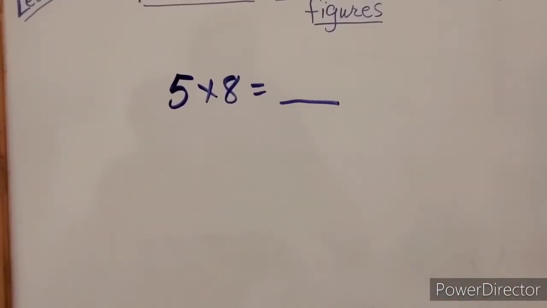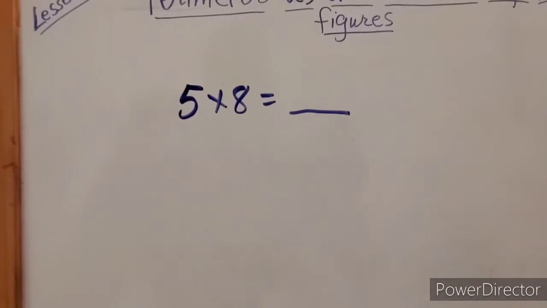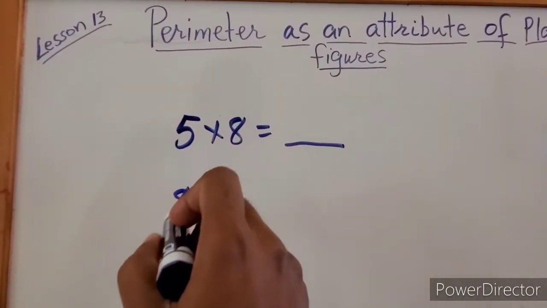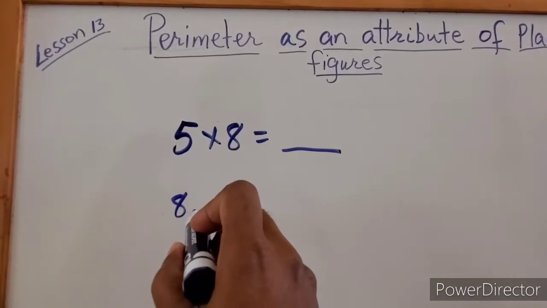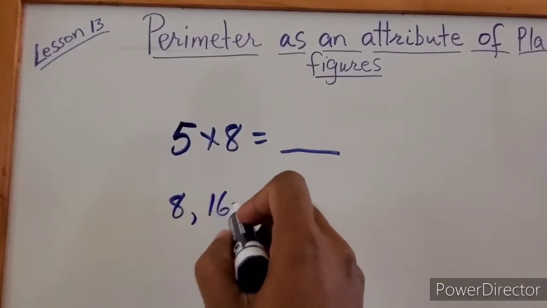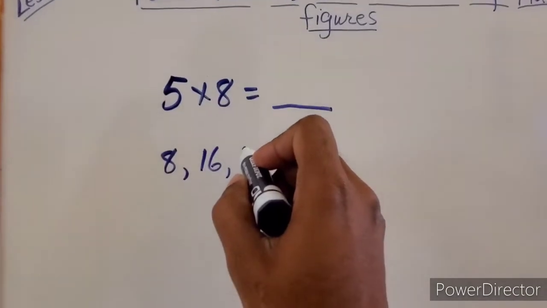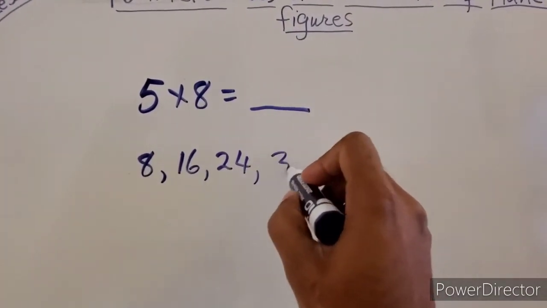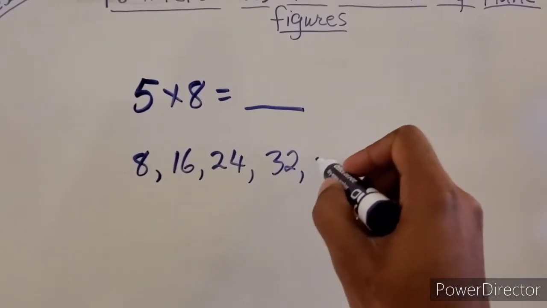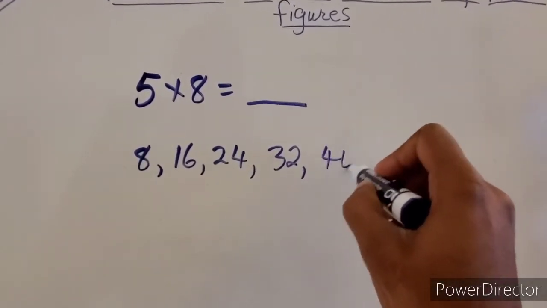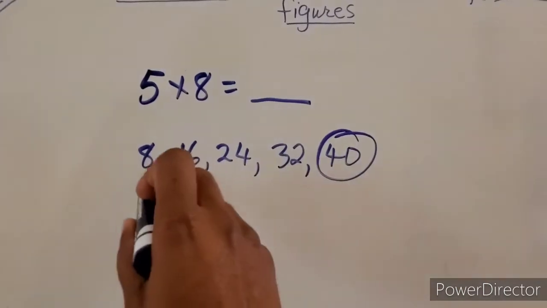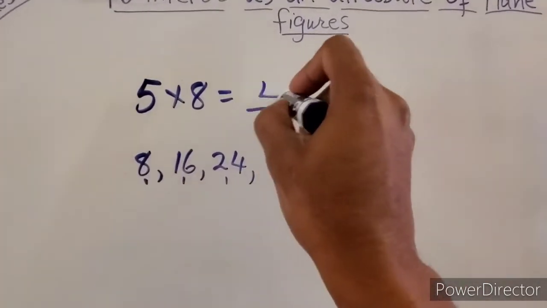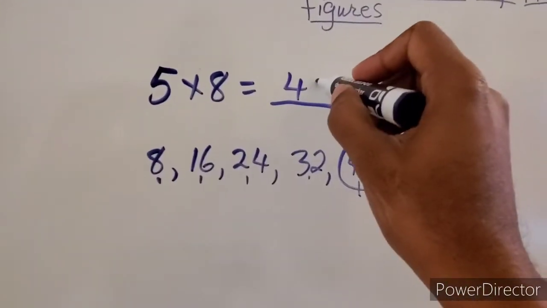You go 8 times 1 is 8, 8 times 2 is 16, 8 times 3 is 24, 8 times 4 is 32, and 8 times 5 is 40. So 40 is 5 times 8. Your answer is 40 right there.